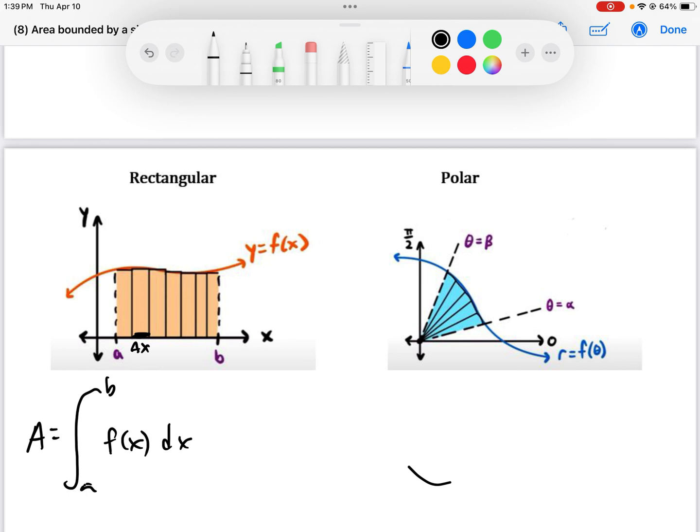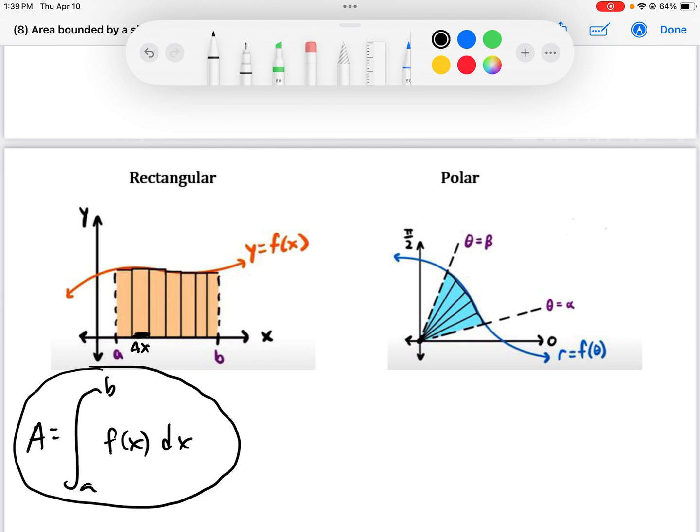We took the limit of an infinite number of rectangles as the change in x approached 0, and we found that summation notation, and arrived at this nice little pretty integral. The area is the integral from a to b of f of x dx.